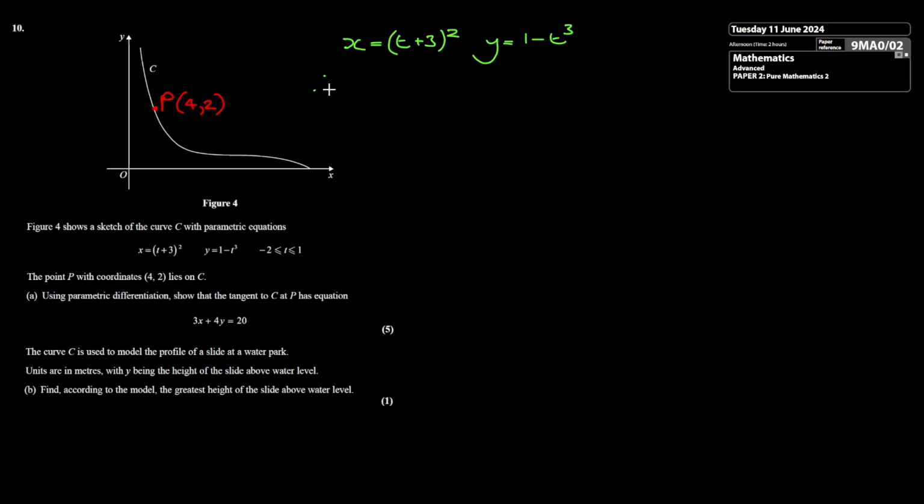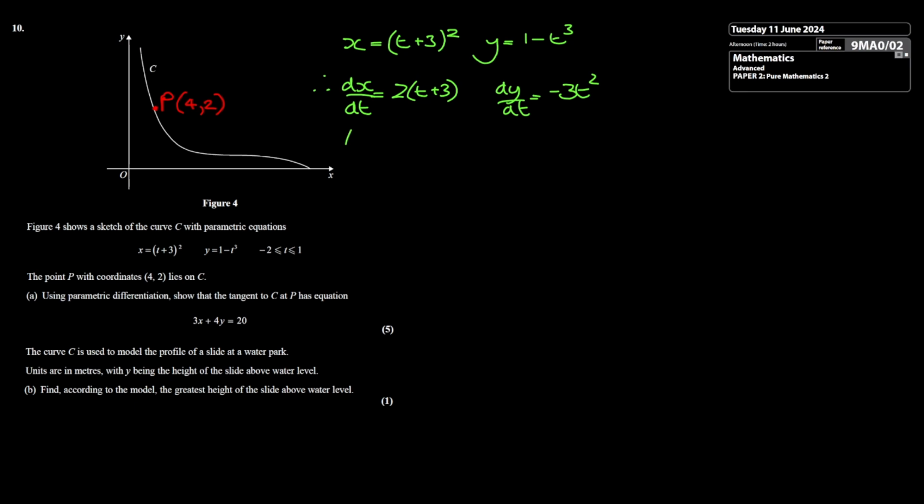Okay, so therefore dx/dt, differentiating with respect to t, I get 2(t+3) raised to the power 1, and the differential of the inside will be 1. And we've used the chain rule to produce our answer here. dy/dt is negative 3t squared.